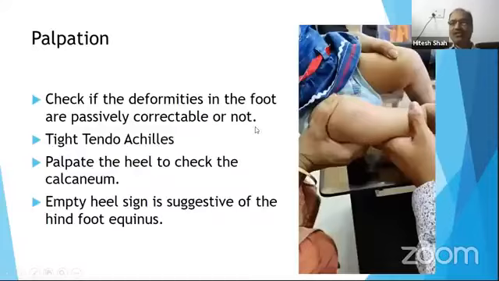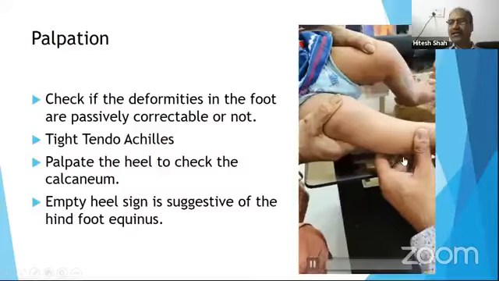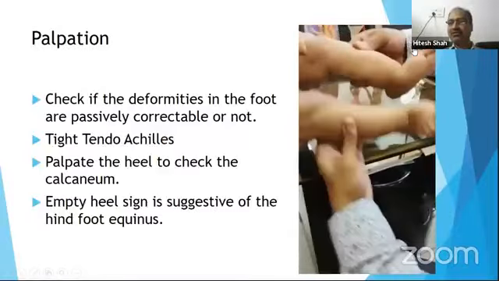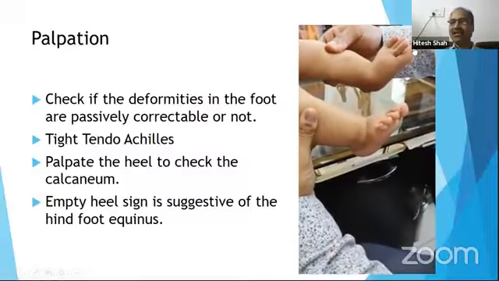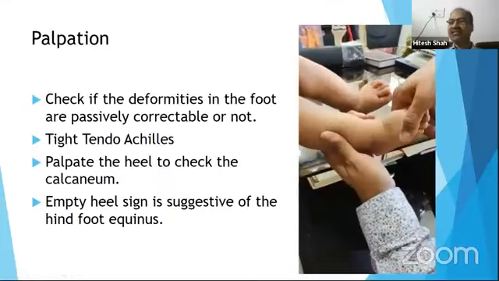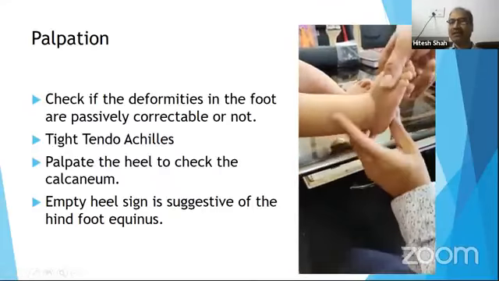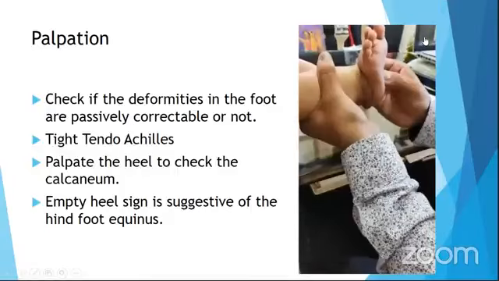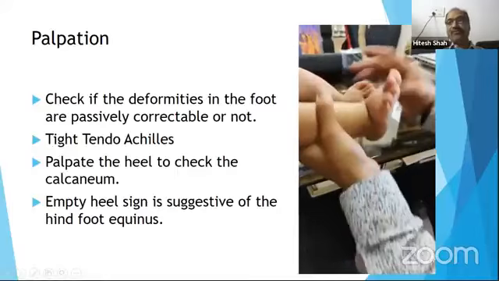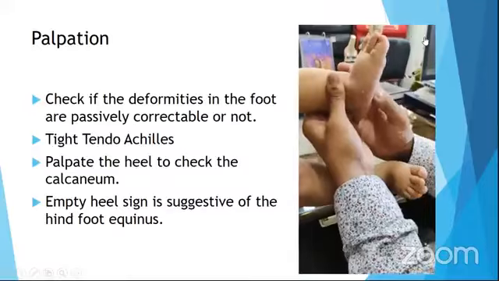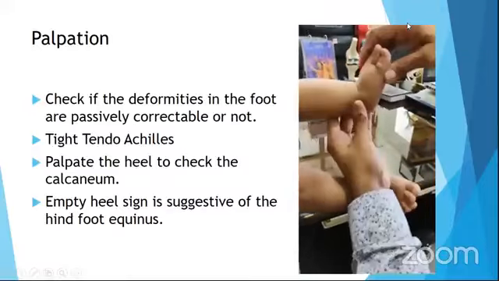What is to be checked in palpation, if you get the case? Whether the deformity is passively correctable or not. When you check, if both sides are vertical talus, the child comes with an everted forefoot, whether the deformity is supple or not, whether it is passively correctable or not, whether the talus is palpable, whether there is tightness of the TA, and whether the empty heel sign is present or not.